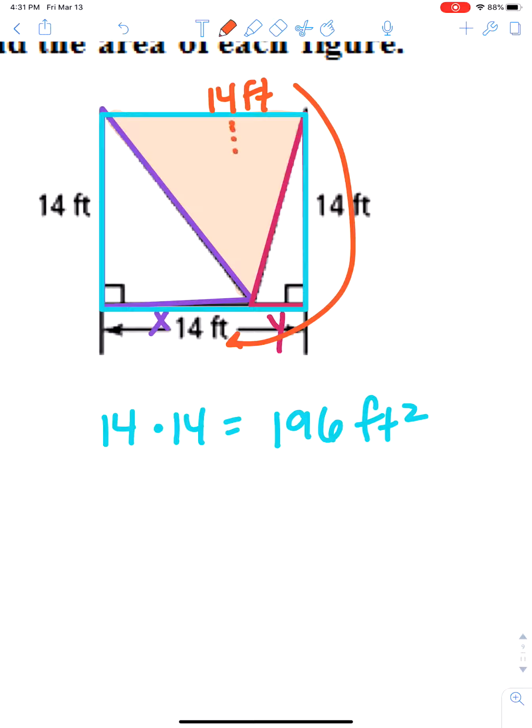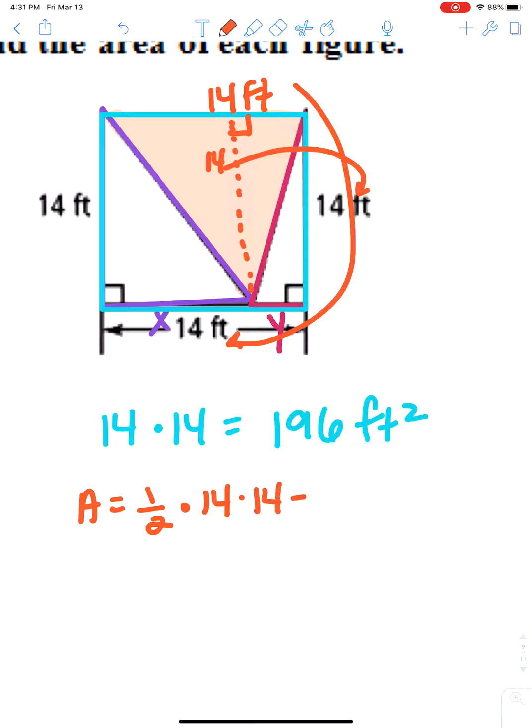And then the height of this triangle is also 14 feet. That is because this is 14 feet. So the area of a triangle is 1/2 times base times height, which gives you 98 feet squared.